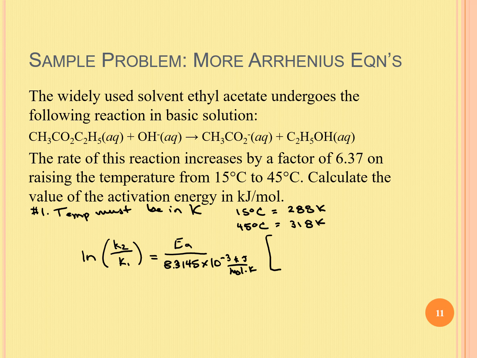I'm going to call my smaller temperature T1, so 1 over 288 minus 1 over 318.